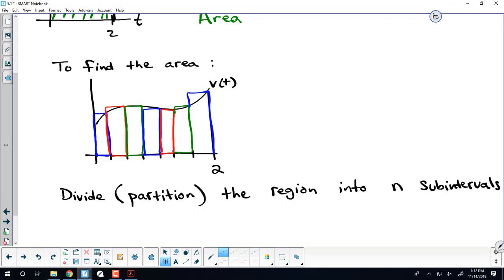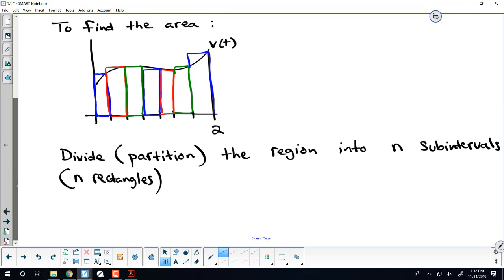In other words, when you see subintervals, just think of rectangles: n rectangles. So we're going to partition that region into n rectangles.